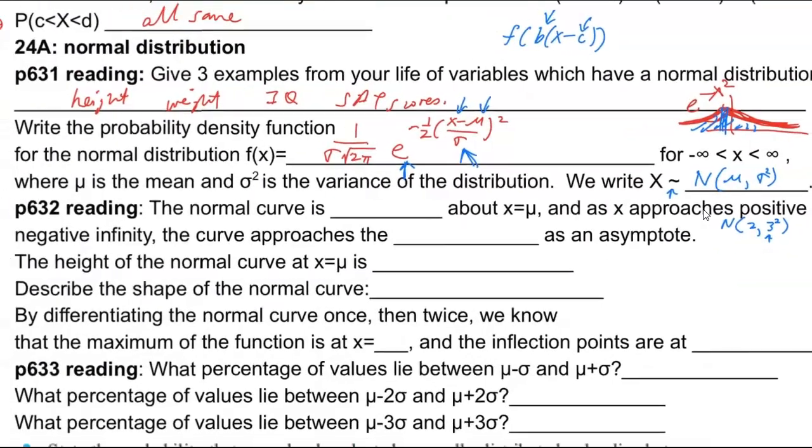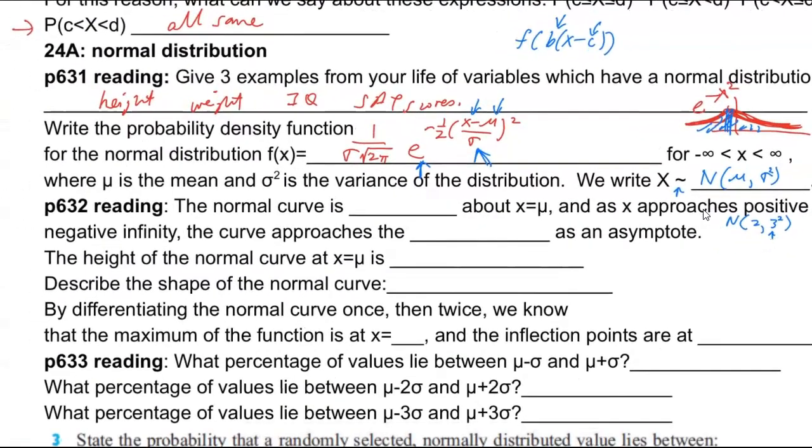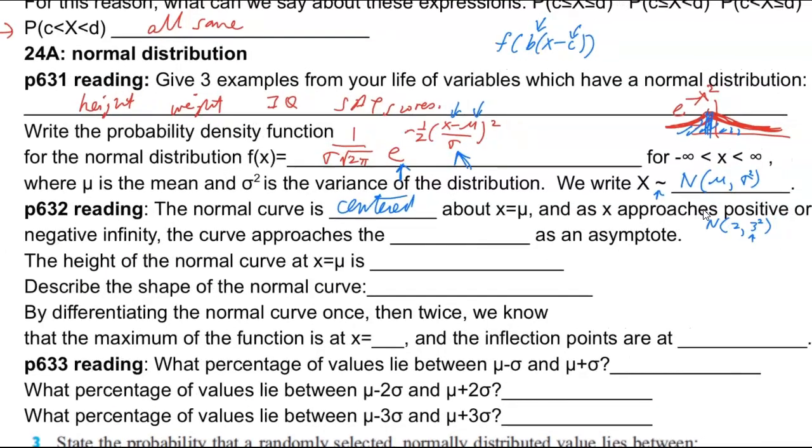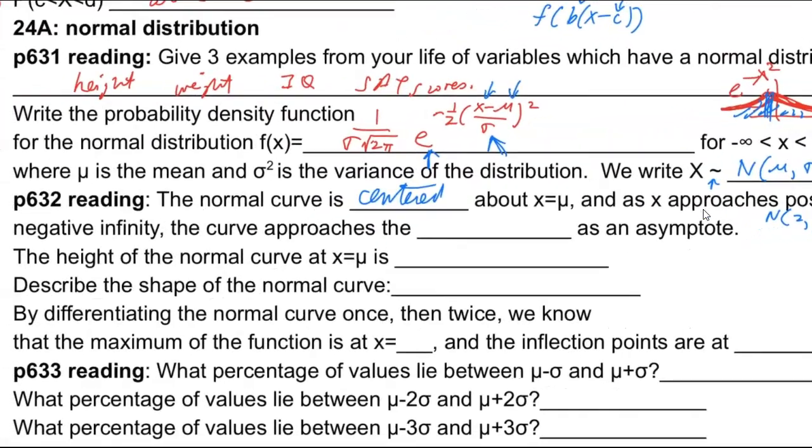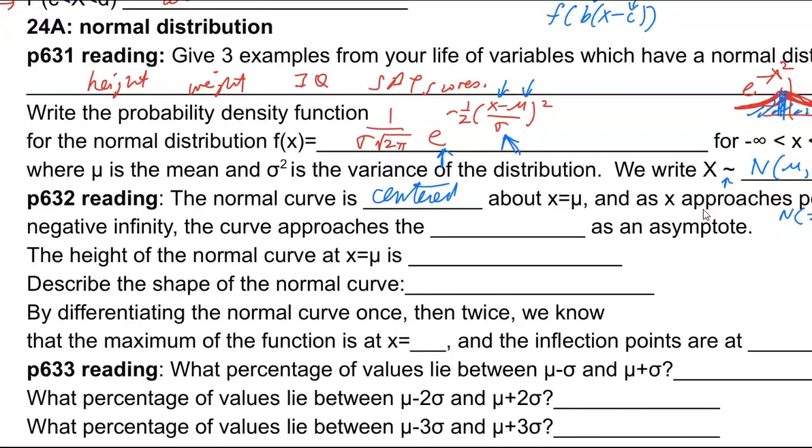Okay. The normal curve is centered about x equals mu, and as x approaches positive or negative infinity, the curve approaches the x-axis as an asymptote. So we saw that in this picture, right?